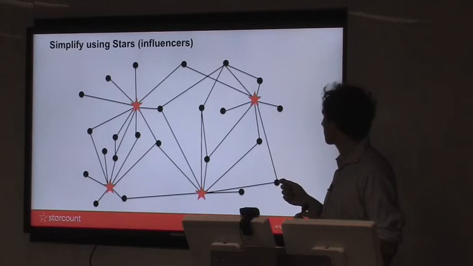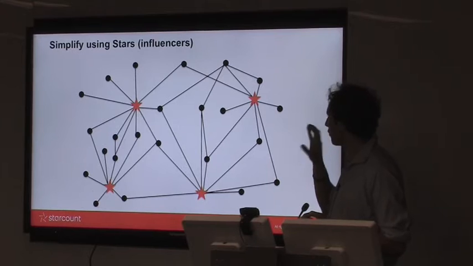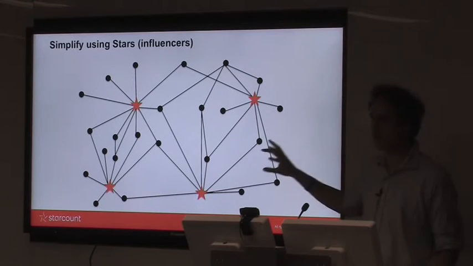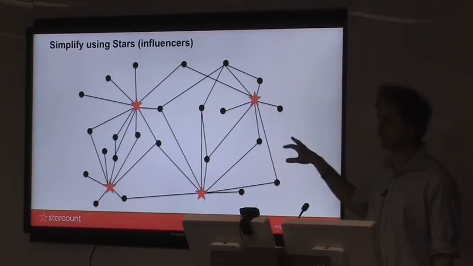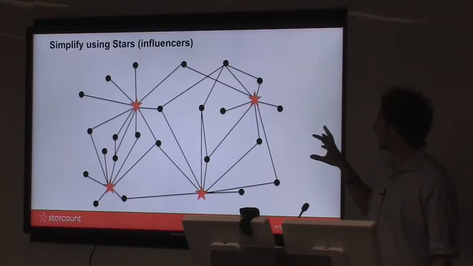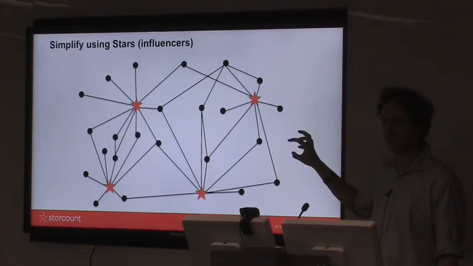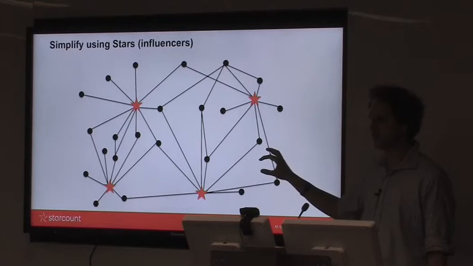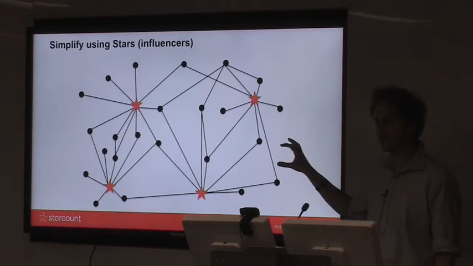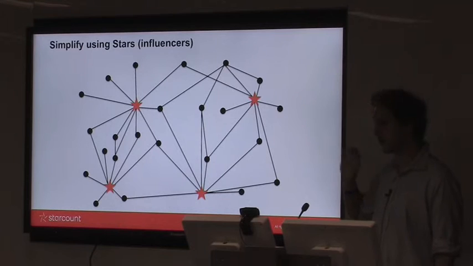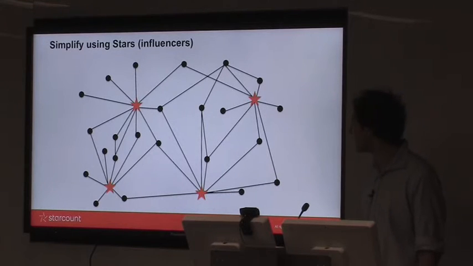So we've identified all these stars, and the way that we understand the social network is about how people interact with these stars. And by doing that, we can then understand people's passions on the social network, what people are really interested in, on a scale that's really never seen before.